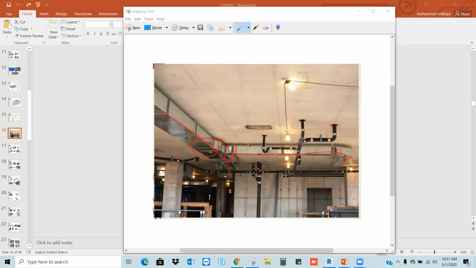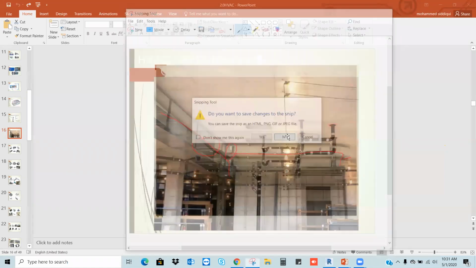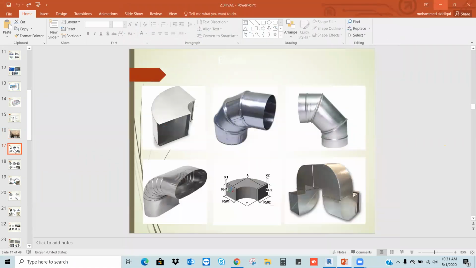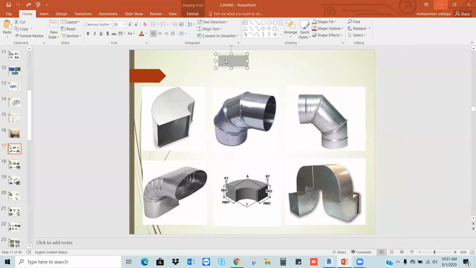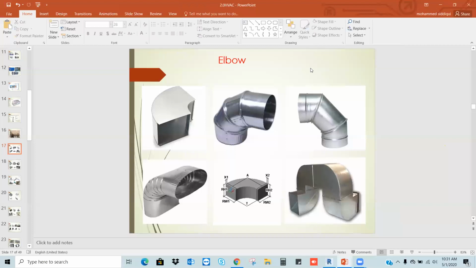Okay, now in Revit we are placing these ducts according to the given sizes. Right? Let's see what kind of fittings. These are the elbows. Okay, see elbow. What kind of elbows we will use in real life and how it will be in Revit.